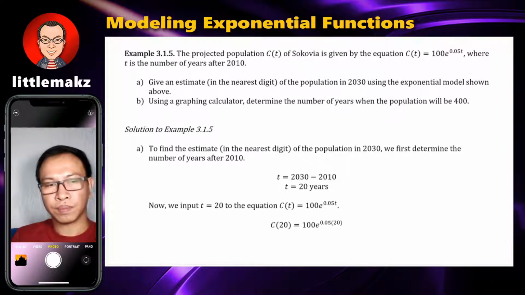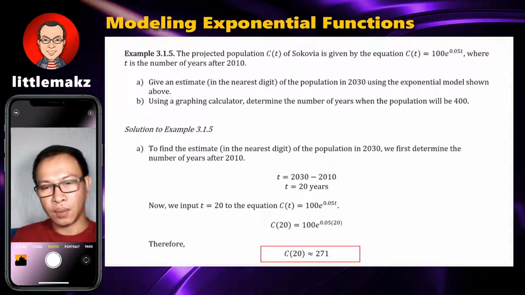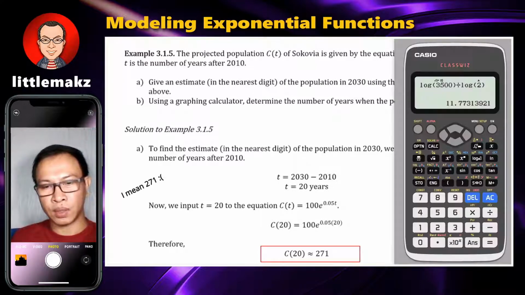Next, we input that 20 into our equation so we can find the value of C of 20. C of 20 is equal to 100 times the quantity e raised to 0.05 times 20. We could easily input that in our calculator.